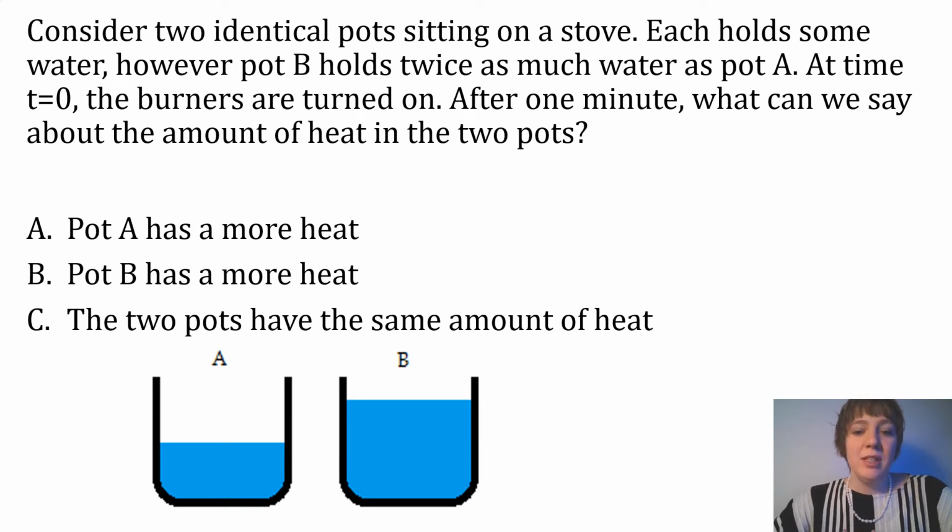Same situation. This time we turn the burners on, and after 1 minute, what can we say about the amount of heat in the two pots? Does pot A have more heat, pot B have more heat, or do the two pots have the same amount of heat?